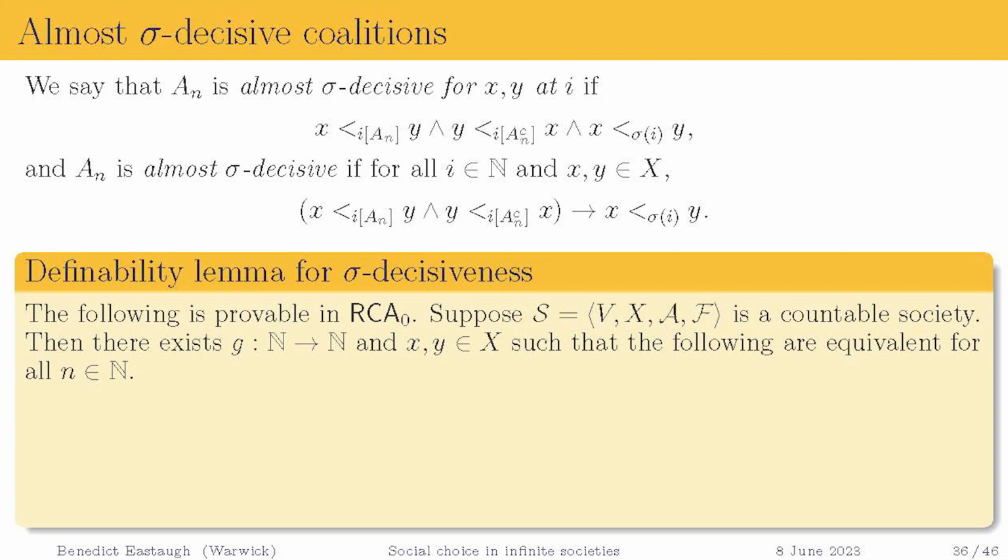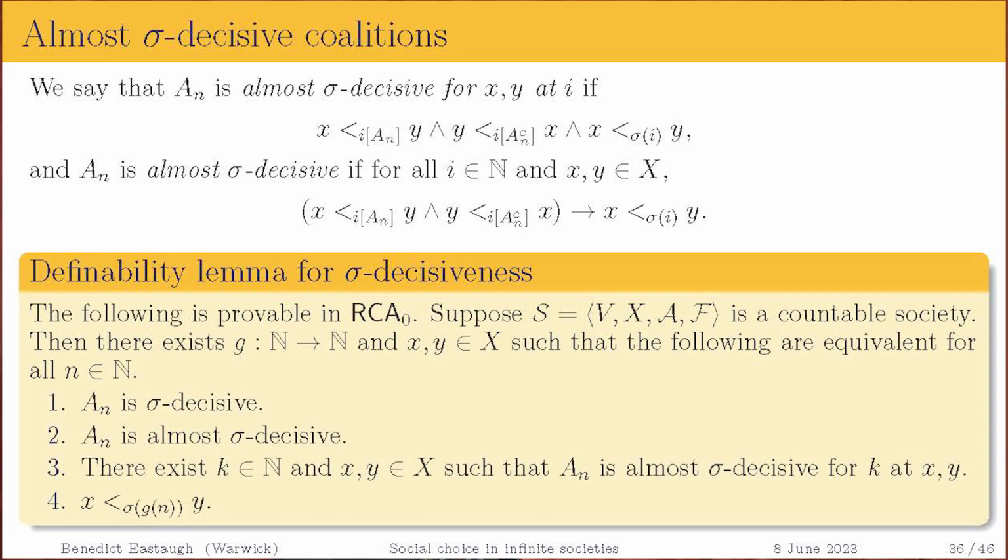Okay. And we then get this kind of version of a classical result. It's called various things in the literature, like the contagion lemma or the spread of decisiveness. So suppose we've got a countable society, then the following conditions on a coalition are equivalent.